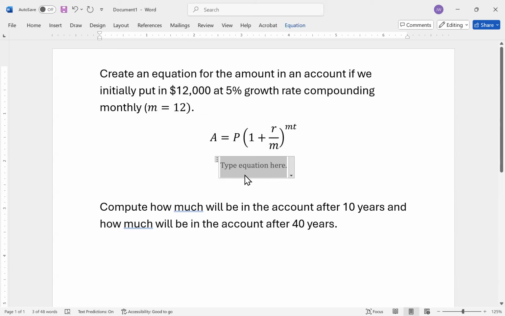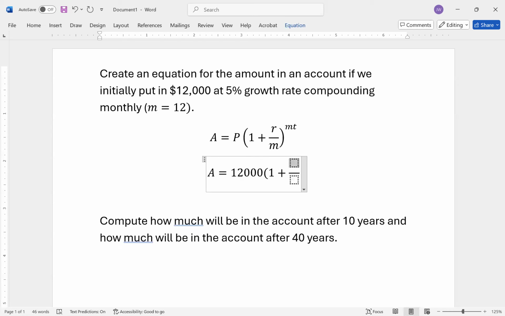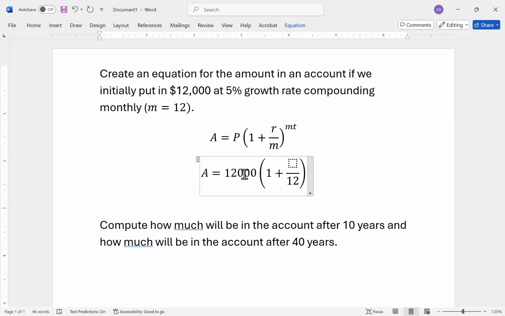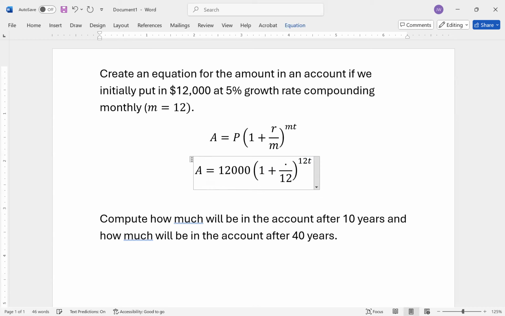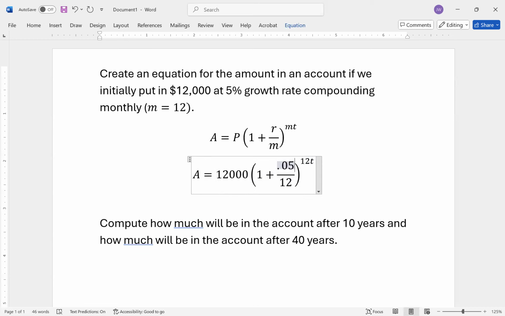So this equation becomes A is equal to 12,000 times 1 plus R over M. We already established that M was 12. Now the only thing to fill in is the R. Since it's a 5% growth rate, that means the R value is 0.05. That's a 5% yearly growth rate.